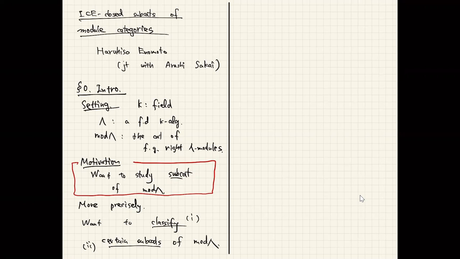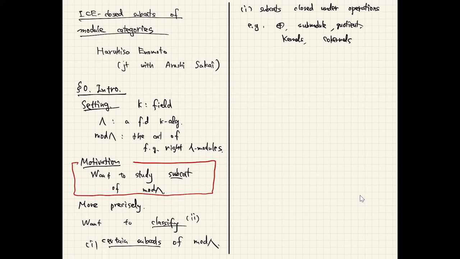By certain subcategories, the typical example is subcategories which are good in the sense that they are closed under some operations, like taking direct sums, taking submodules or quotient modules of modules contained in that subcategory, or taking kernels or cokernels of maps between them, and so on.